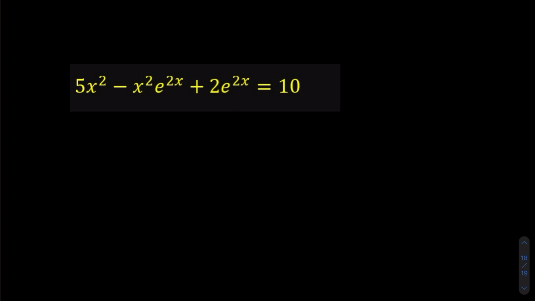Well, looking at this equation, we can see the exponential terms like e to the power of 2x. The first thing that might come to our mind is to use the substitution method to turn this equation into a quadratic equation, and then solve the quadratic equation and find the answers for x, because we have two answers.